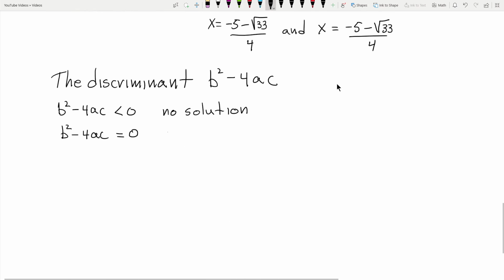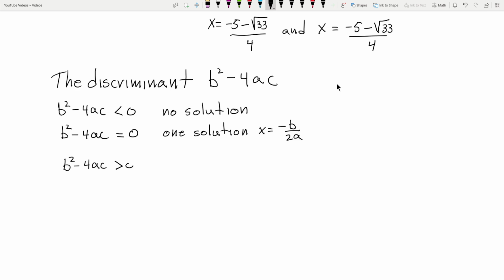All right, I have one solution, and that is x equals minus b over 2a. If b squared minus 4ac is positive, greater than 0, I'm going to have two solutions.